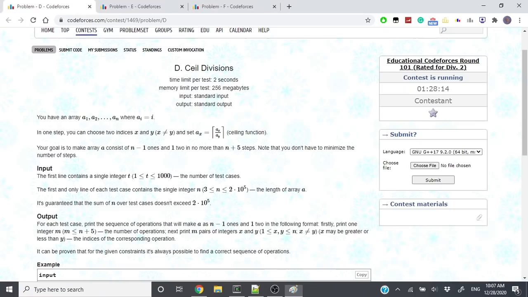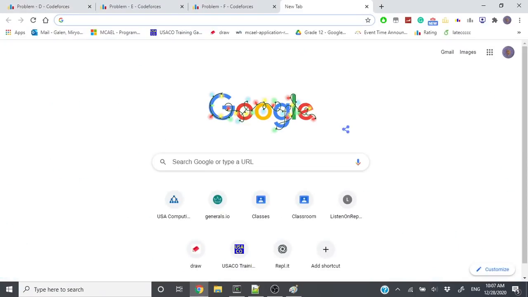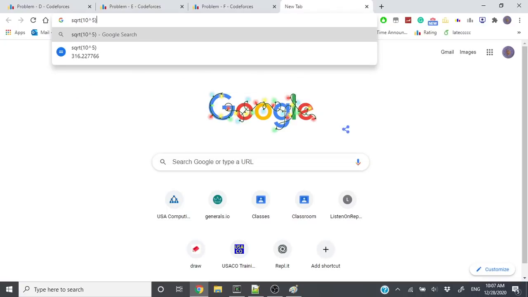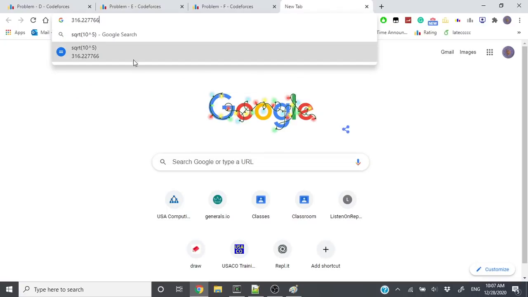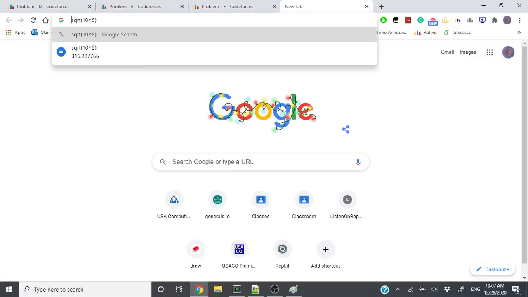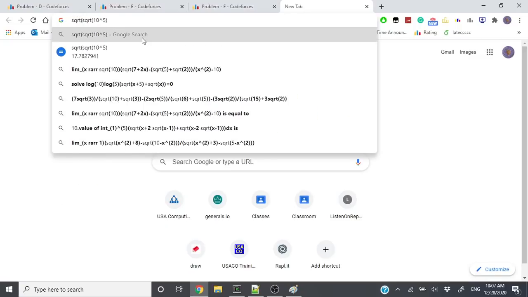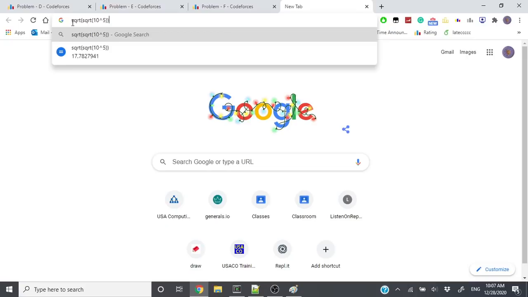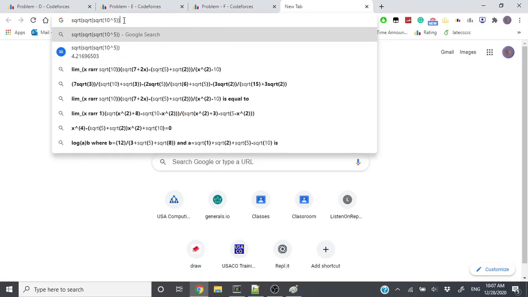If we do some square root thing, wait, how does this work? What's the square root of that? How long does this take to converge? Is this what we need?